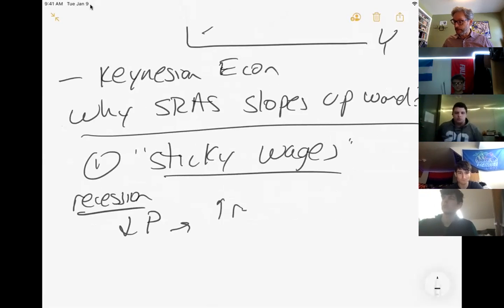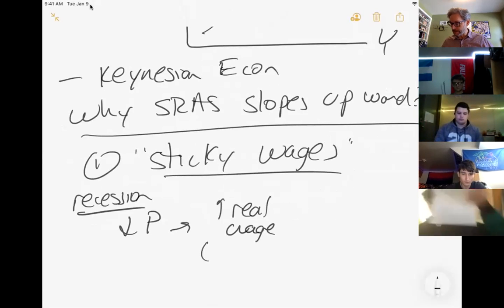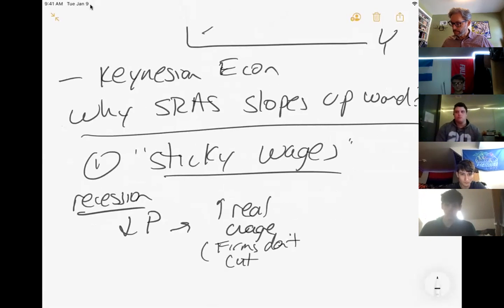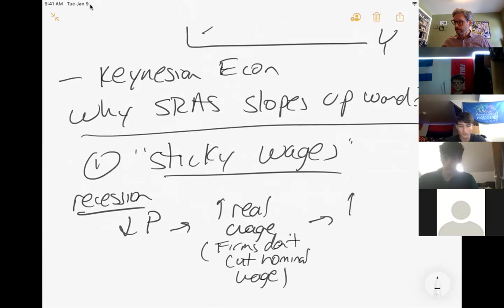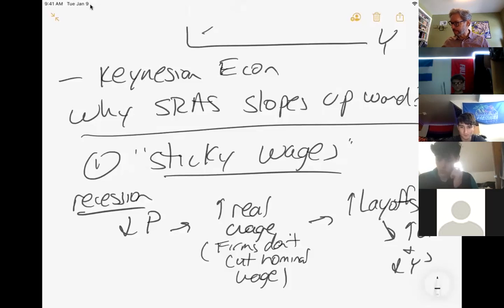What that means is that real wages go up because firms don't cut nominal wages. And so as those real wages go up, firms lay off workers. This increases unemployment, and it reduces the supply of output.